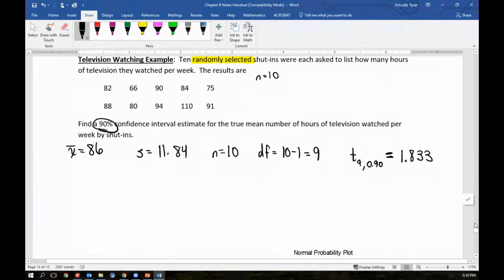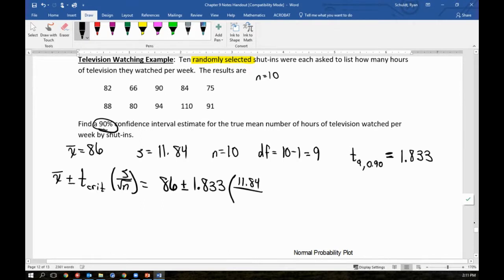Okay, now let's set up our interval. X bar plus or minus the T critical times S over the square root of N. 86 plus or minus 1.833 times S, 7.84 divided by the square root of 10.